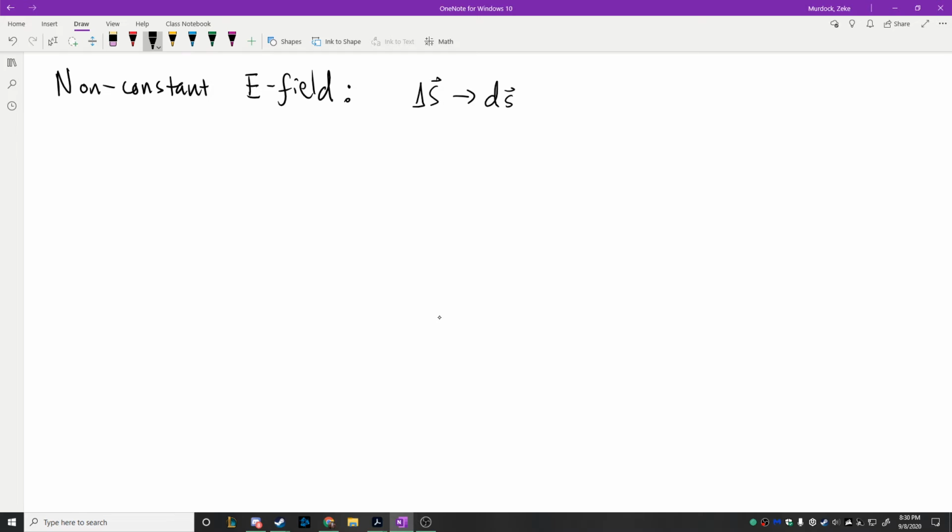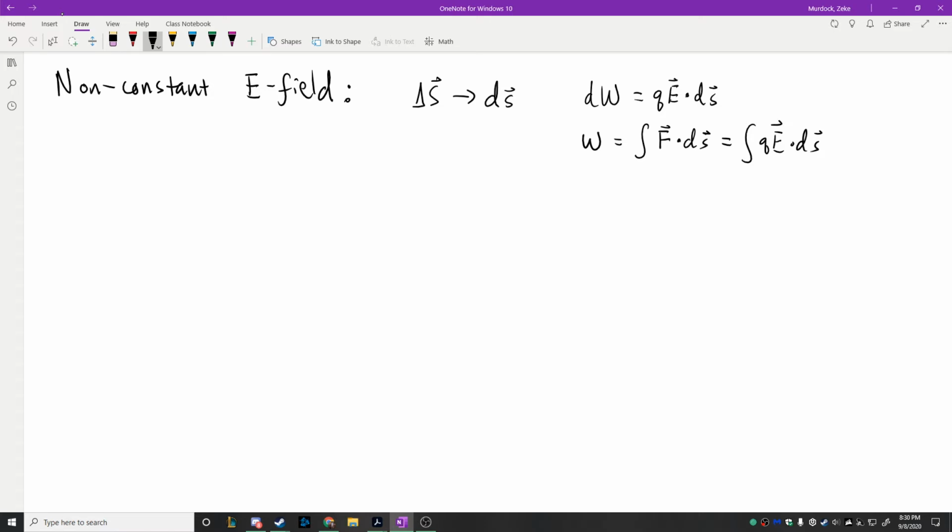And then the amount of work done, before it was basically the force, which is Q times E, and you have to dot product that with now ds. So now if I want to find the total work done, what I'm going to have to do is just integrate F dot ds. That's our definition of how we do work anyway, right?